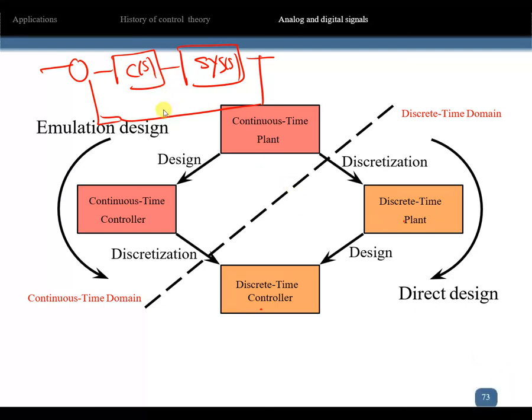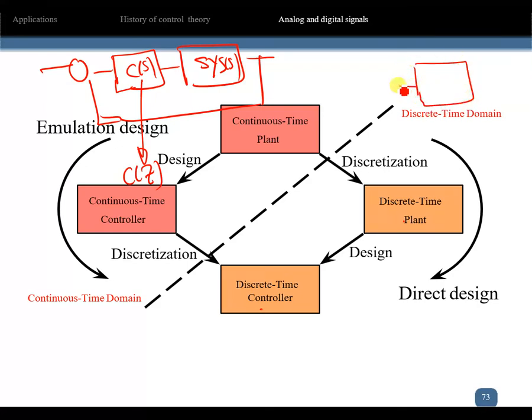I can design my controller in the S domain, then with discretization I can find C(z), or I can change my plant to the Z domain. My plant, that means the transfer function, goes to the Z domain.